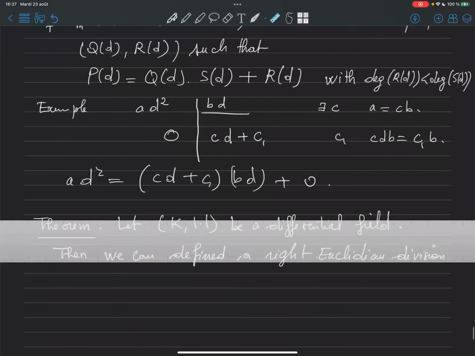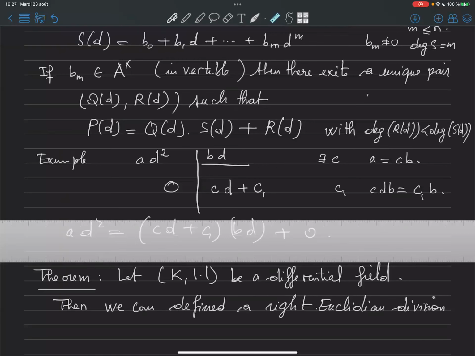Then, be careful: when we want to define a Euclidean division, we need to define a map from the polynomials to the natural numbers, and for this map the degree is enough, such that for the Euclidean division we should have the remainder strictly less than the divisor, and for that we have the degree.